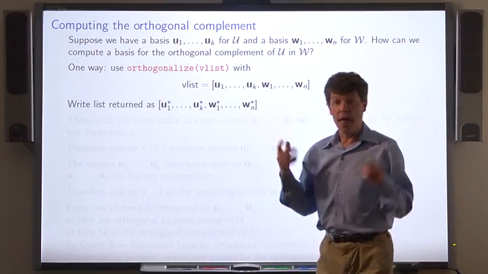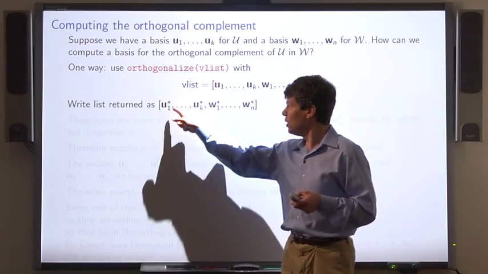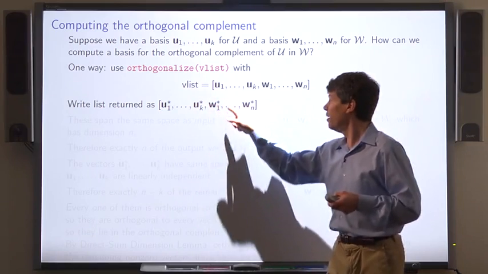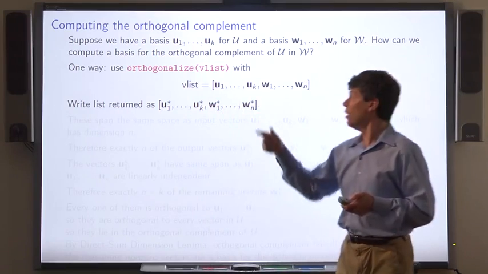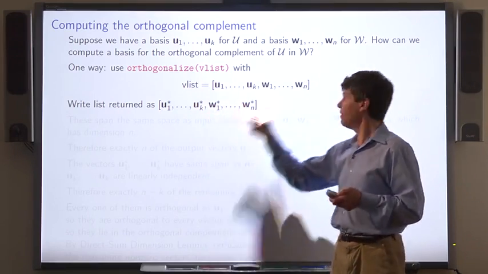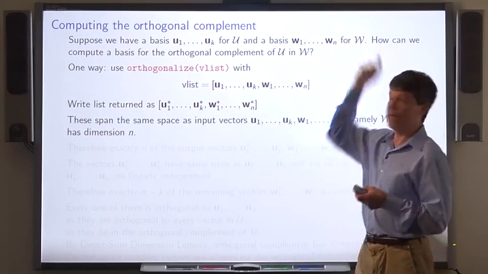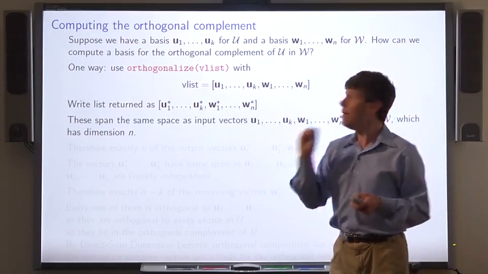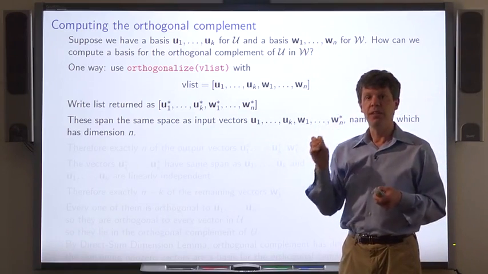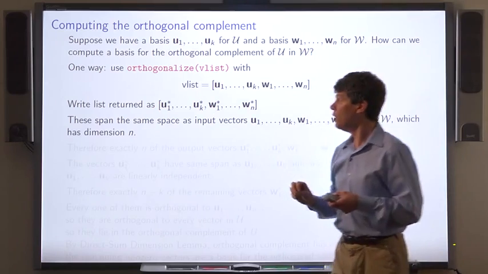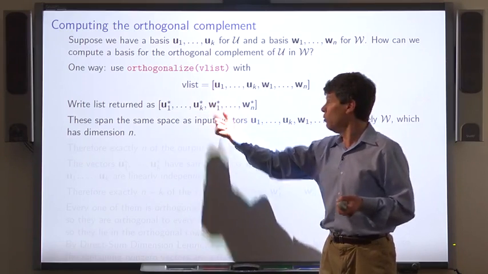Now, the output of orthogonalize is a list of vectors I'll write as u1 star through uk star, followed by w1 star through wn star. And these span the same space as the input vectors. The space spanned by the input vectors is exactly big W. Big W has dimension n. We see that it has a basis of cardinality n. These span the same space. Therefore, they span big W.